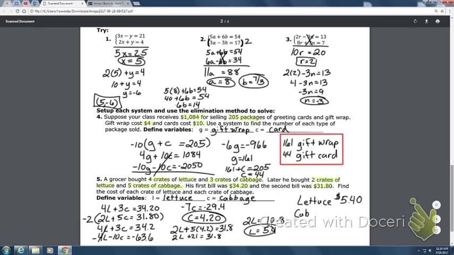And the cabbage, again, was $4.20. Any questions on that one?